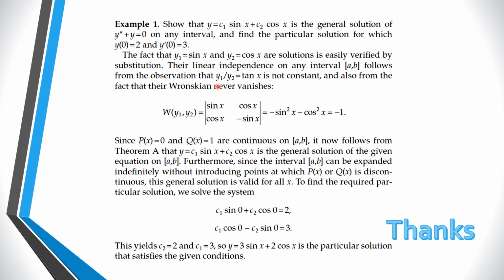Further, we can also check that y1 cannot be written as some constant times y2, right? If you divide y1 by y2, you will have tan x, which is not a constant number. So therefore they are not dependent, they are linearly independent. They satisfy this equation, so the general solution will be c1 y1 plus c2 y2.